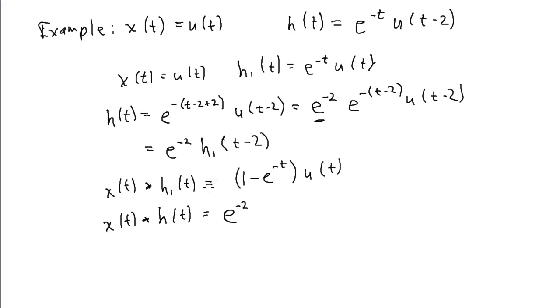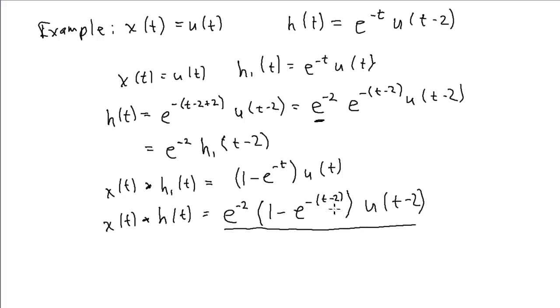And then h of t is a shifted version of h1 of t. It's shifted to the right by 2, so everywhere that t appears, I substitute t minus 2, and I get this result for the output.